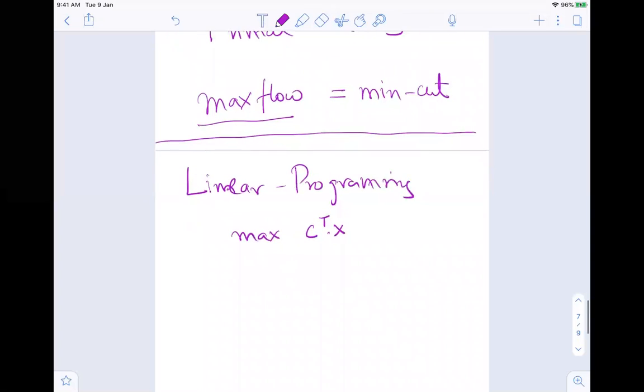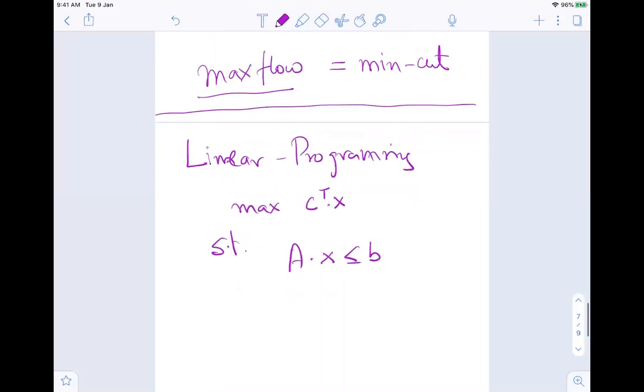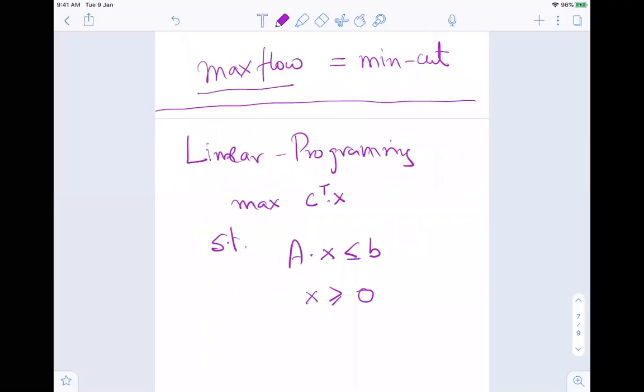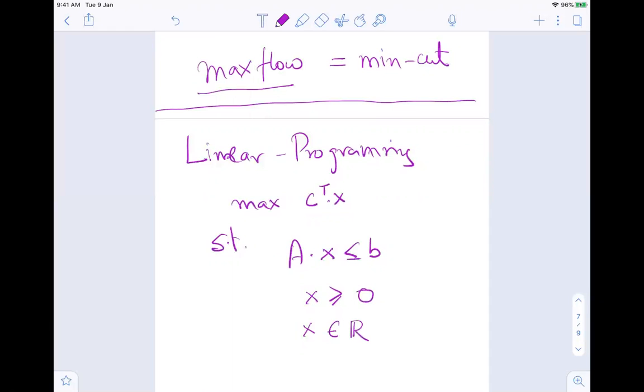Maximize c transpose x such that A·x is less than or equal to b and x is bigger than 0. One thing that I have not written here, but it was kind of obvious, is that x is in the reals. x can take any value.